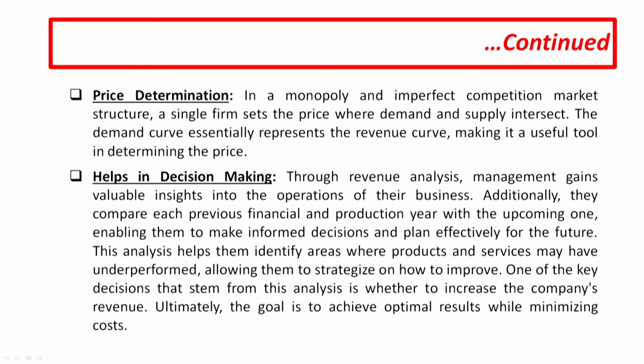Now, moving to the fourth point, that is about price determination. In a monopoly and imperfect competition market structure, a single firm sets the price where demand and supply intersect. The demand curve essentially represents the revenue curve, making it a useful tool in determining the price, which means in price determination also this concept of revenue has big importance.